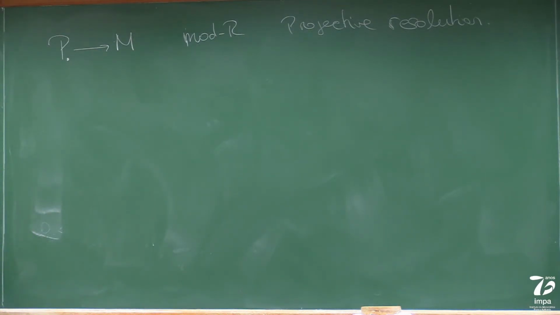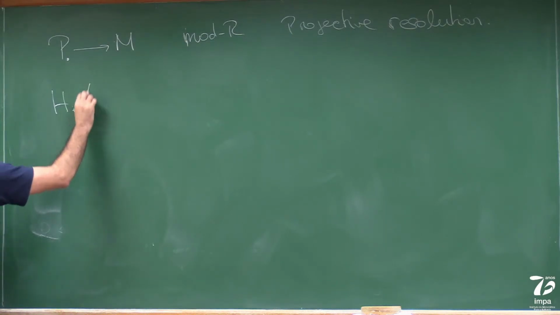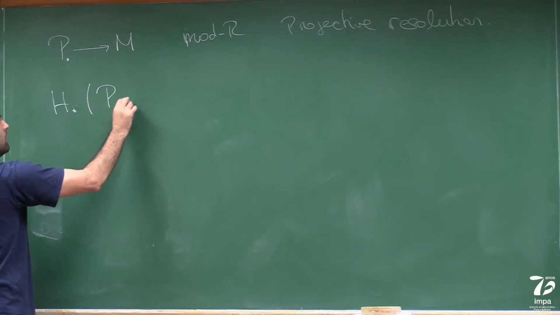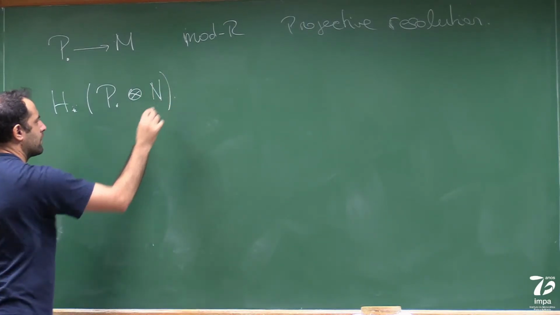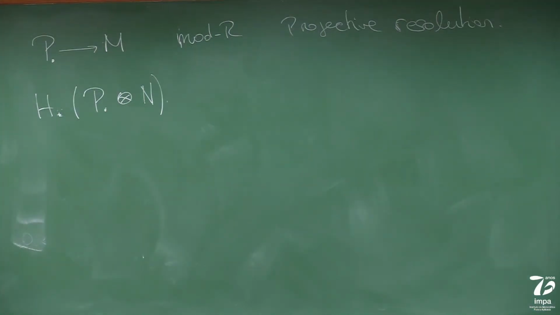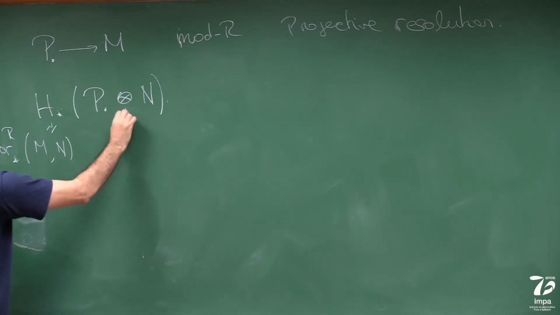And this side here is computed as the homology of P tensored with N. So that computes this Tor_R(M, N). This tensor product is over R.